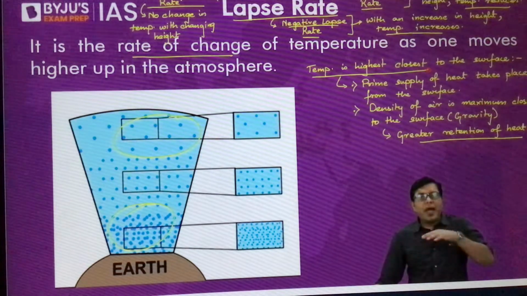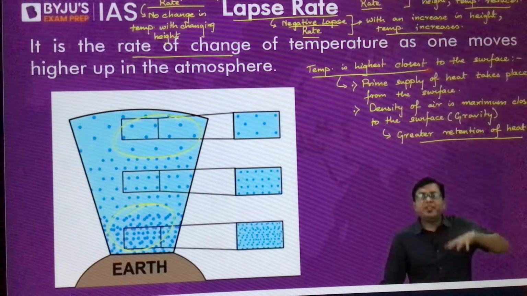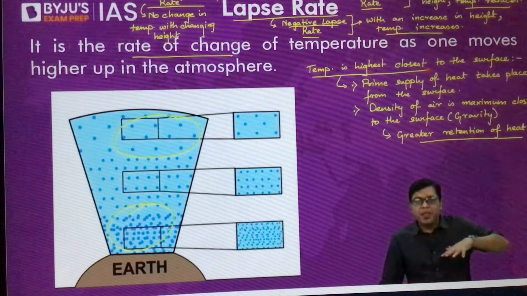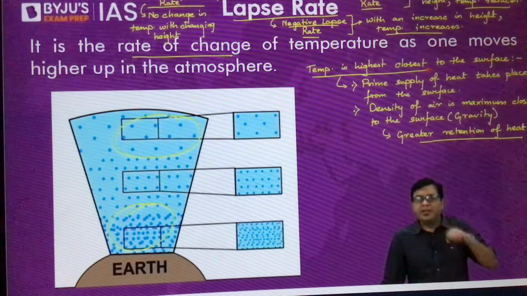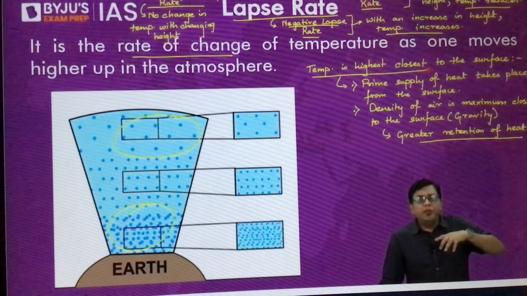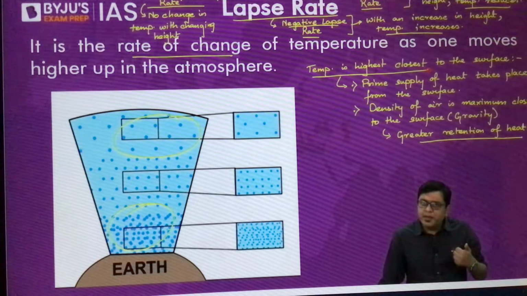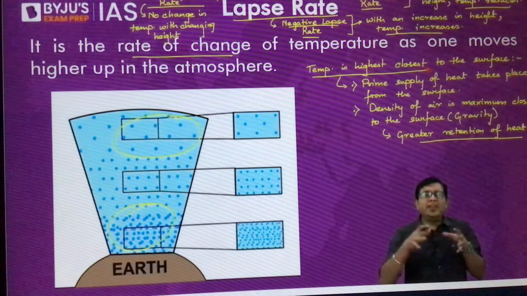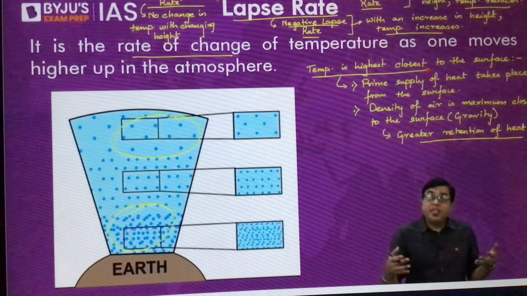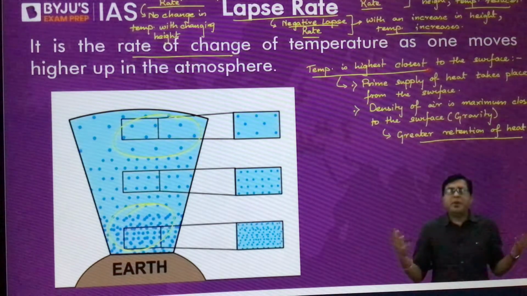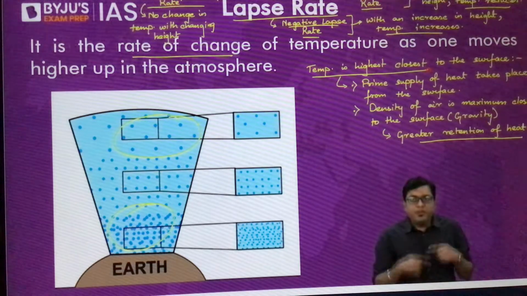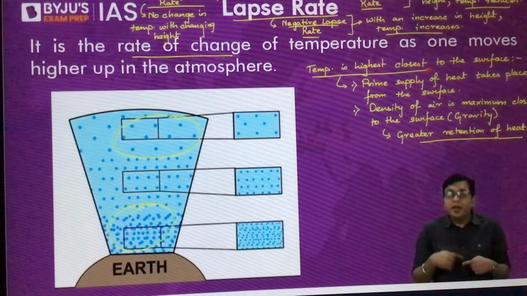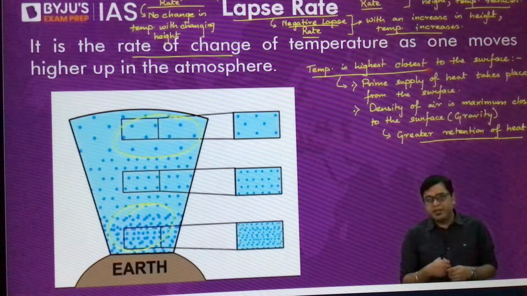So when you have a huge amount of water vapor present in an area, will there be a greater retention of heat? Absolutely yes. If you have moist air, a region with a lot of water vapor, there will always be a greater retention of heat in those areas.